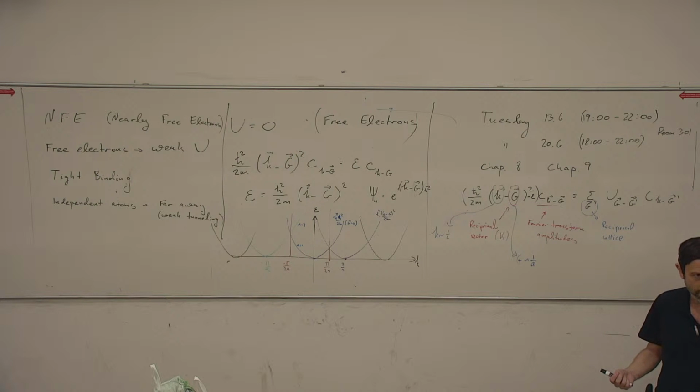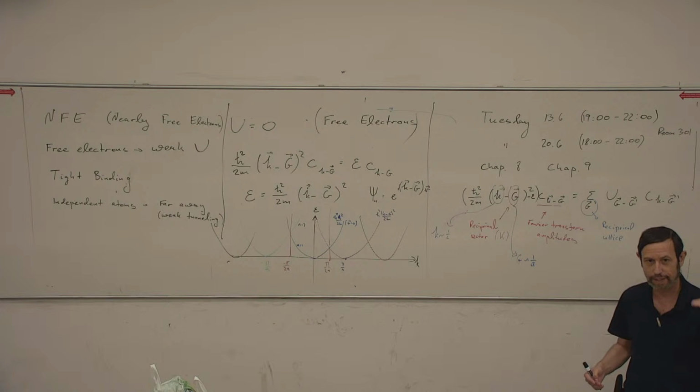We have atoms, potential wells which are deep, and basically the electrons sit very tightly bound to these wells. That's why it's called tight binding.